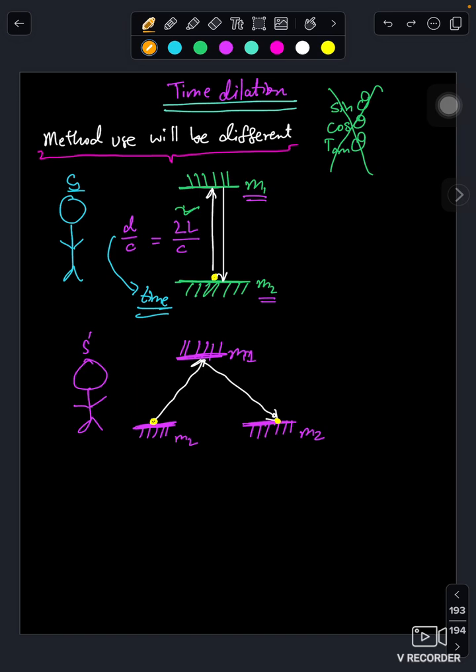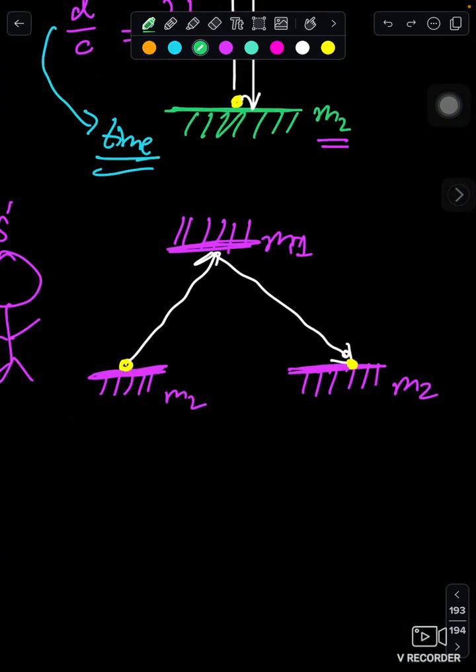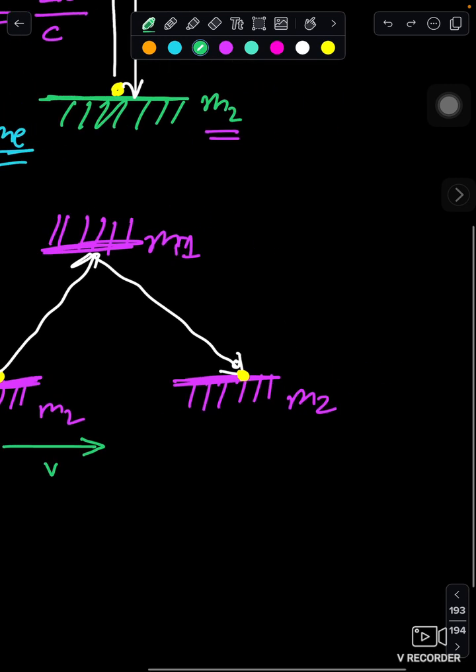Now let me increase the data we are given. This is V for this box, or this mirror, moving, and then again the same here, goes over here, and so on.